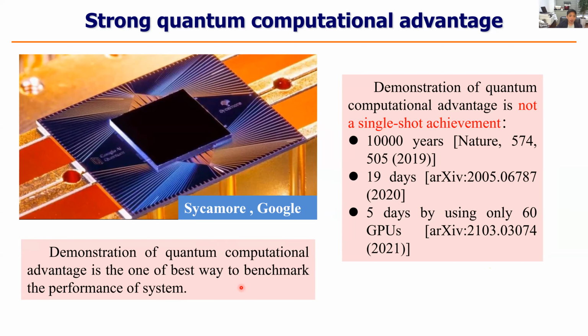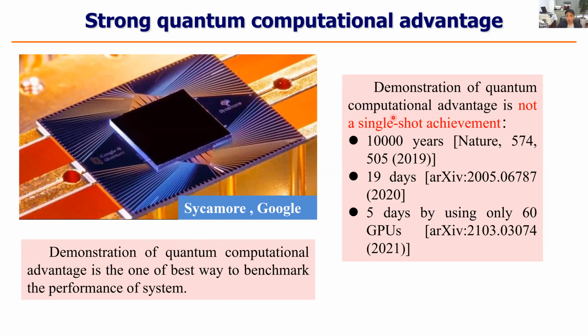So obviously, this is one of the best ways to benchmark the performance of the whole system. And also we have to say the demonstration of quantum advantage is not a single-shot achievement.